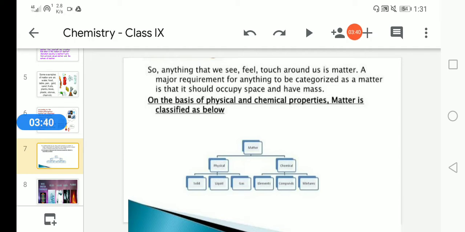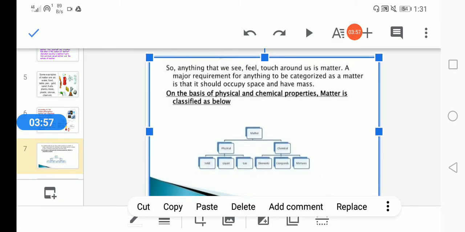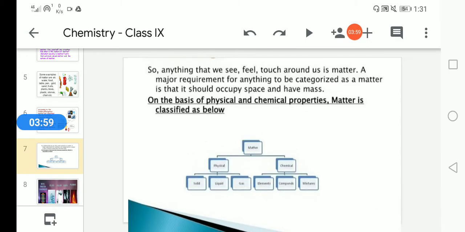This is the oldest classification, but now there are more than five states of matter that include plasma state, Bose-Einstein condensate state, etc. Then the second classification is based on the chemical properties that include elements, compounds, and mixtures. We will study in detail about these concepts in the coming chapters.